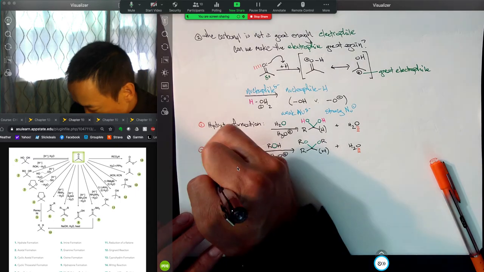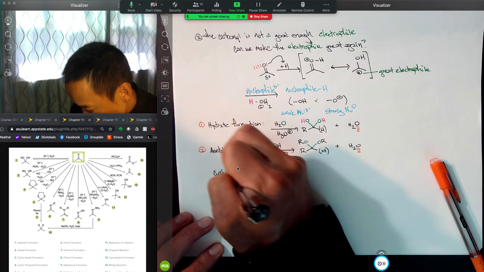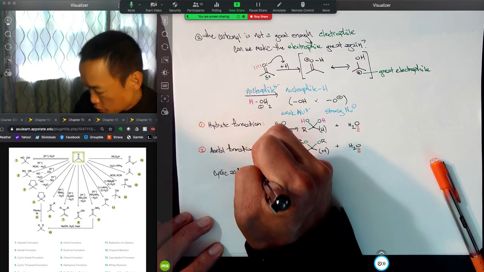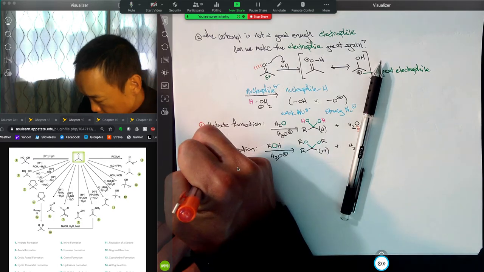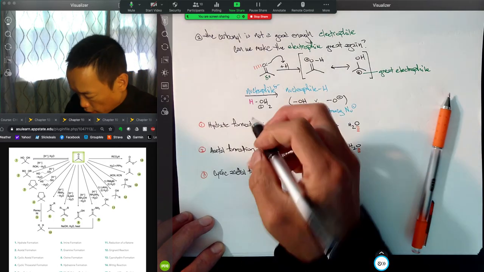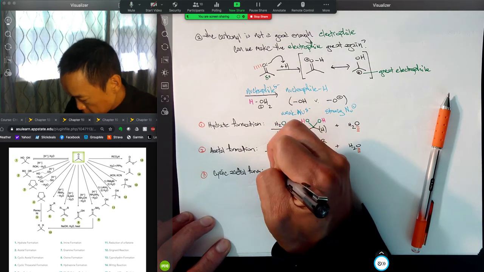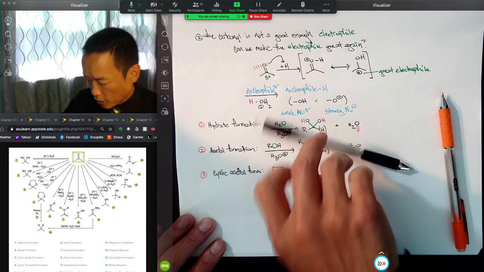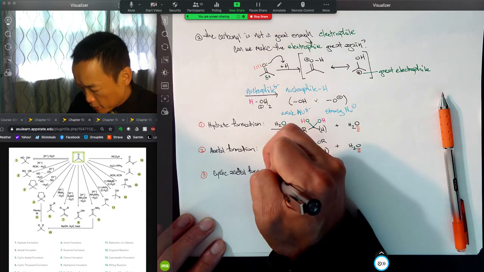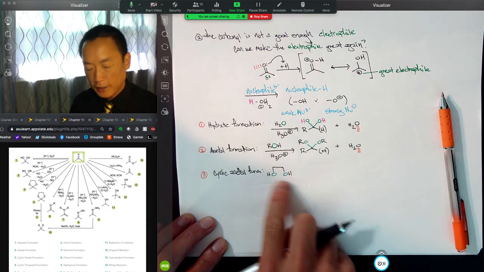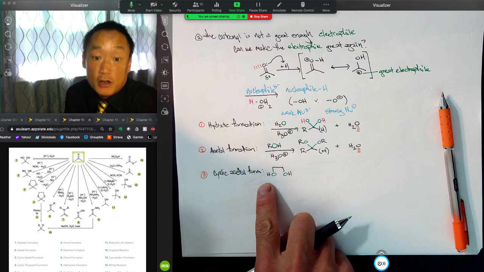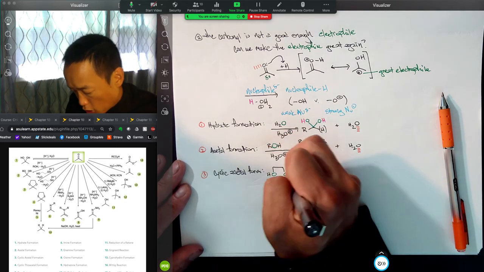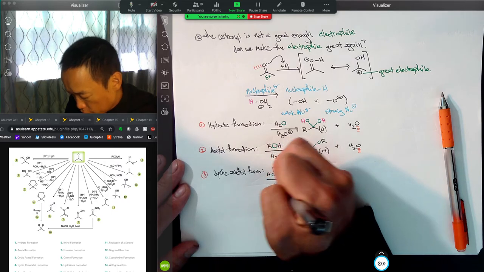Cyclic acetal formation. So this would be letter number 3. That involves the addition of 2 alcohol molecules that just so happen to be covalently linked by an ethene type carbon-carbon linkage.